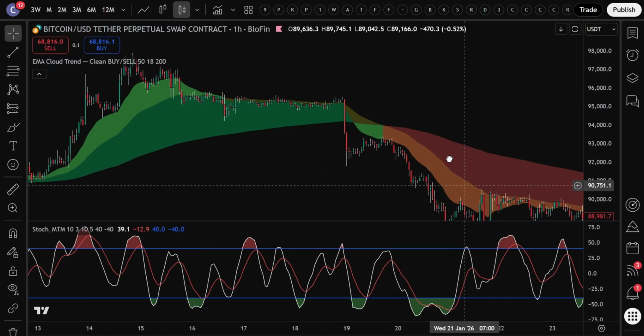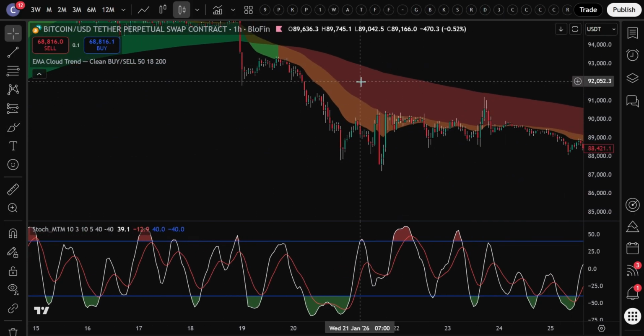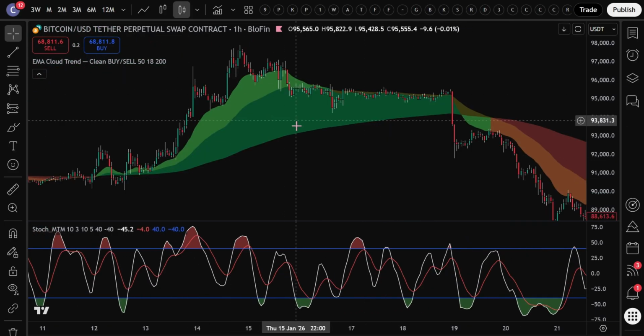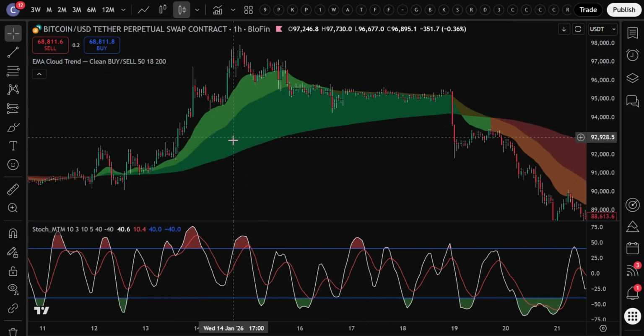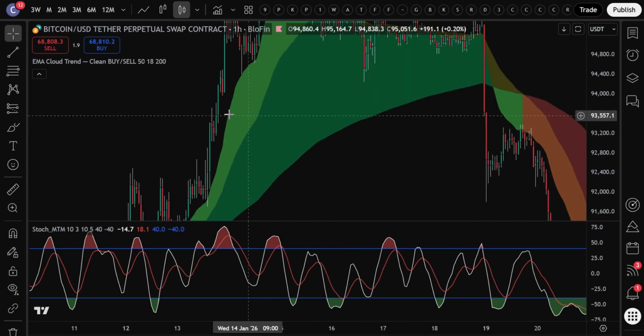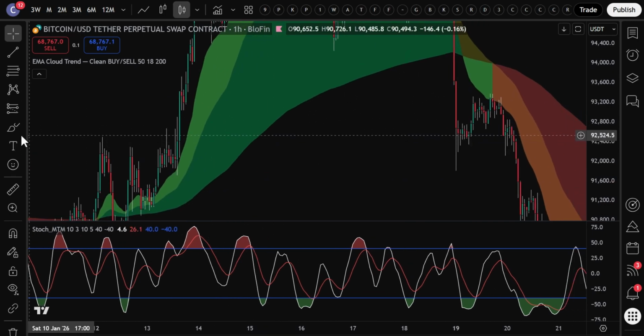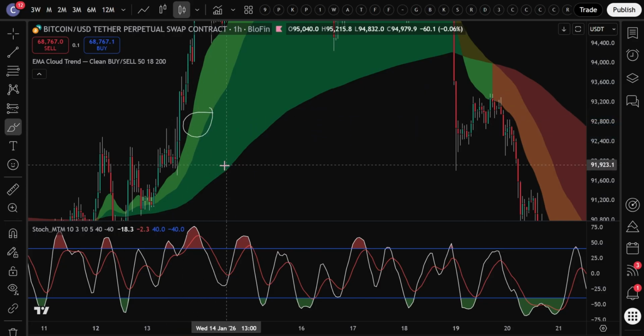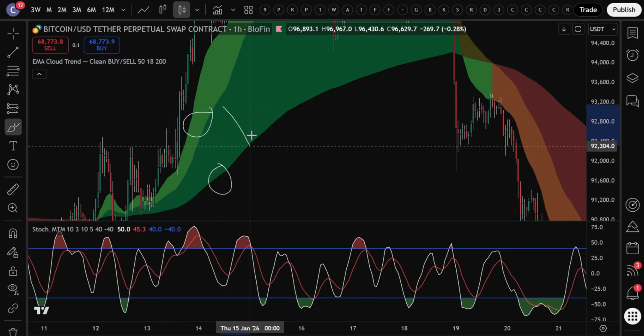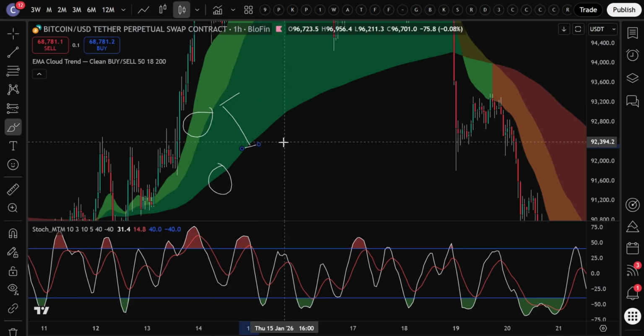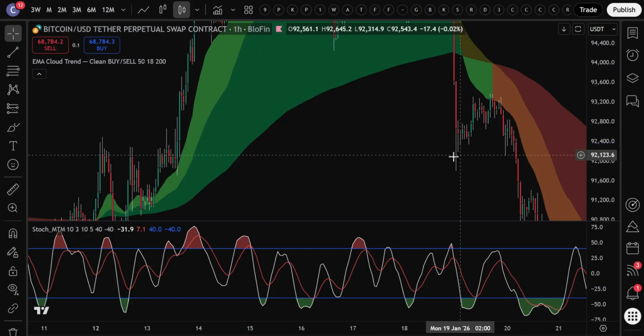Now you have this trend cloud in your chart that is composed of the 50 period EMA at the top and the 200 period EMA at the bottom. When the 50 period EMA is above the 200 period EMA, it indicates a bullish trend, and the space between these two EMAs has a green background.